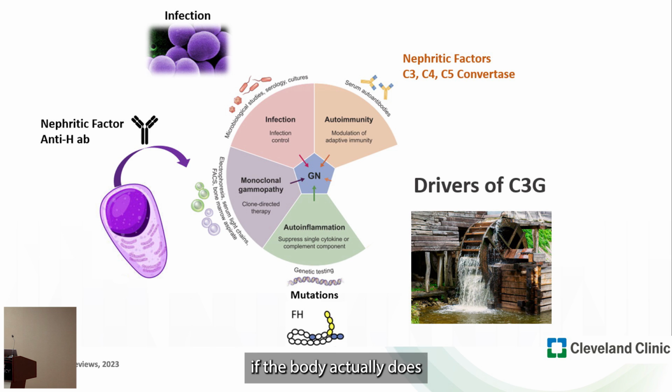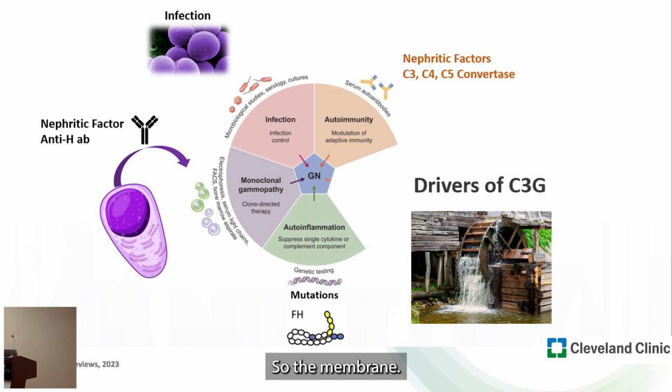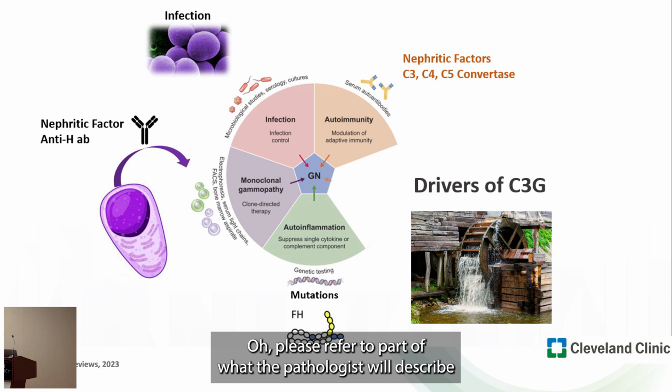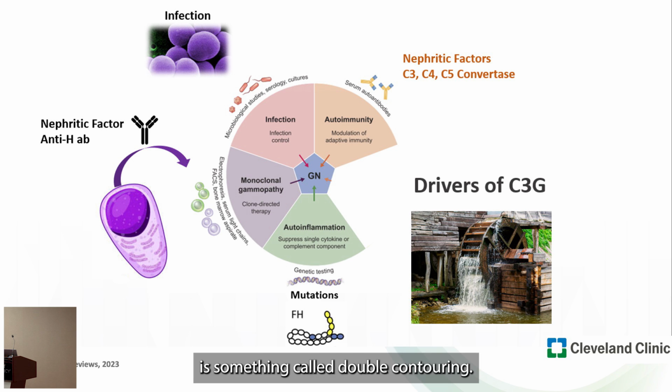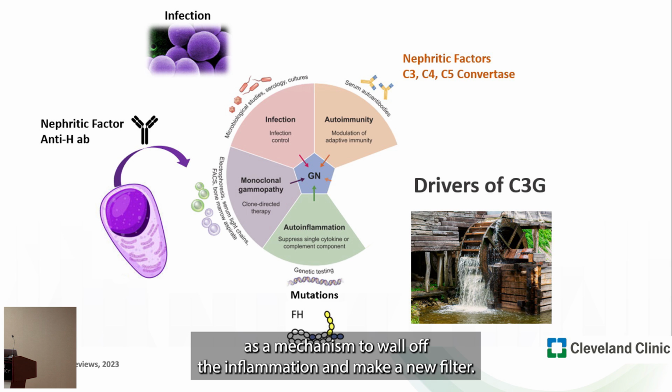The body actually does try to regenerate some of that, and I don't have the slide, but that's part of where MPGN gets its name. The membranoproliferative part of what the pathologist will describe is something called double contouring. They'll see the filter on the kidney, and then the kidney's tried to duplicate that filter over top of it as a mechanism to wall off the inflammation and make a new filter.